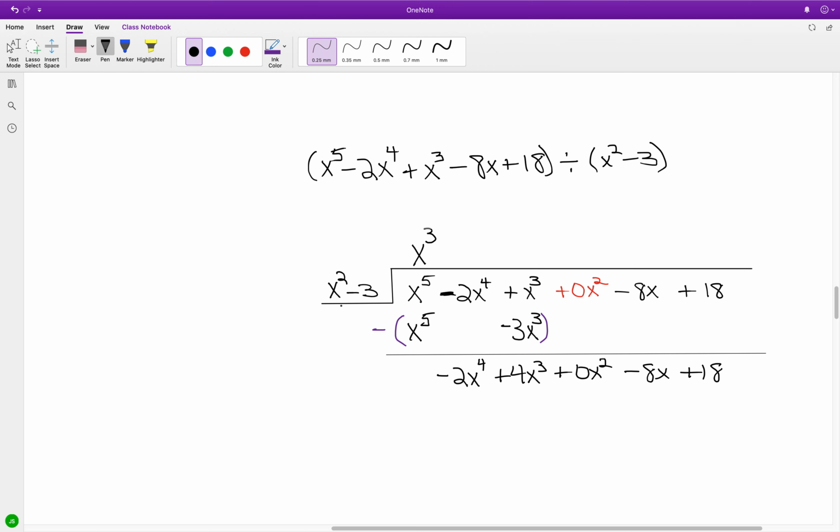Now for the next term, we have negative 2x to the fourth divided by x squared, so make negative 2x squared, and distributing negative 2x squared over x squared will make negative 2x to the fourth. Notice we have another round of skipping. We have negative 2 times negative 3 is 6, and then we have x squared. So we're going to move the 6x squared underneath the like term, which is 0x squared.